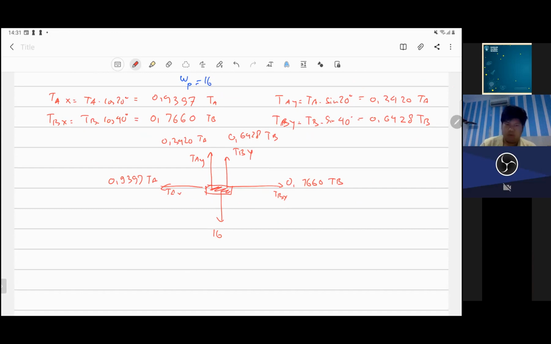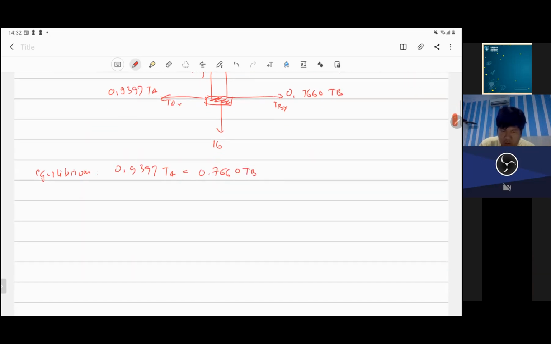Now, in equilibrium, so the total of left and right is 0. Total of up and down is 0. Okay, means 0.9397 TA equals 0.7660 TB. We can use this to calculate TB in terms of TA.